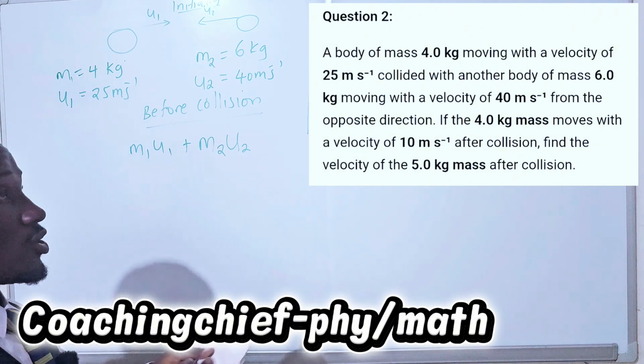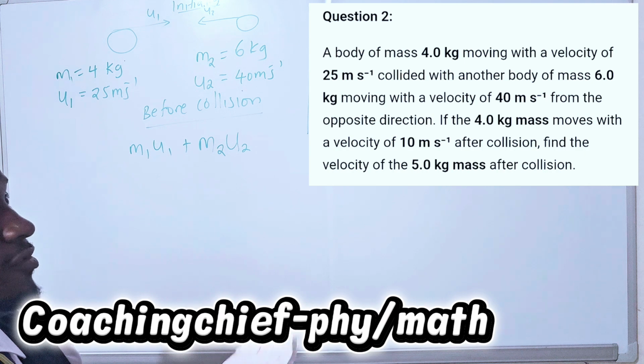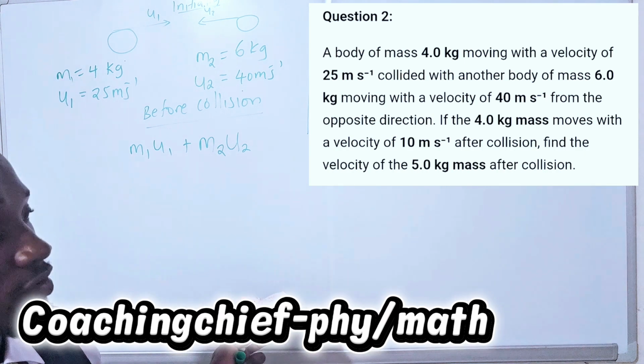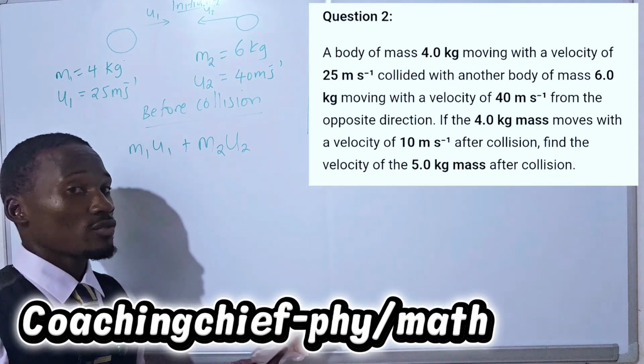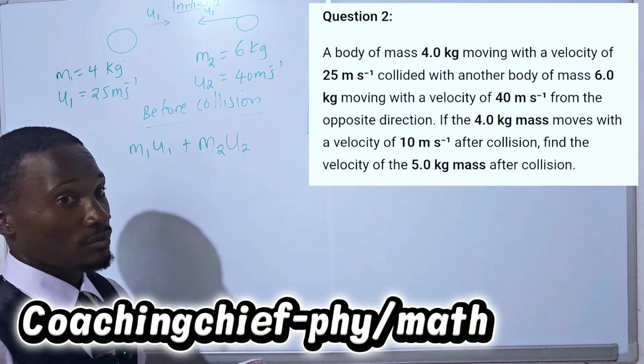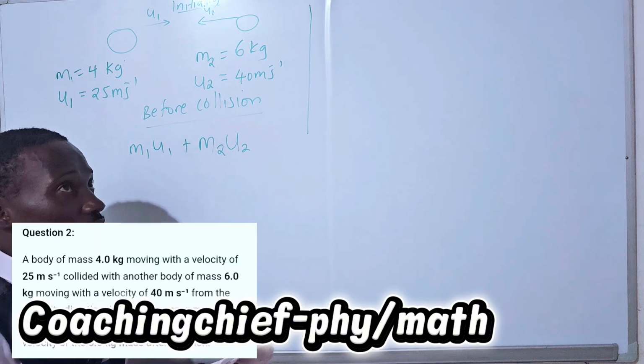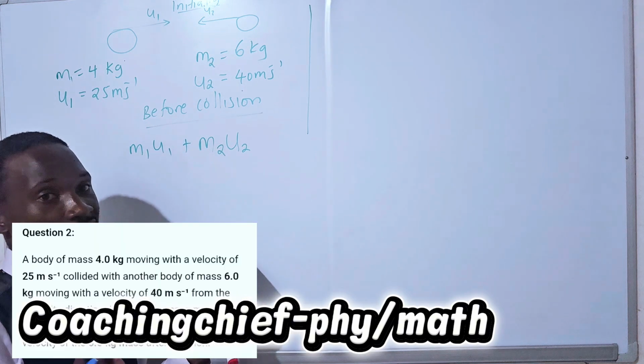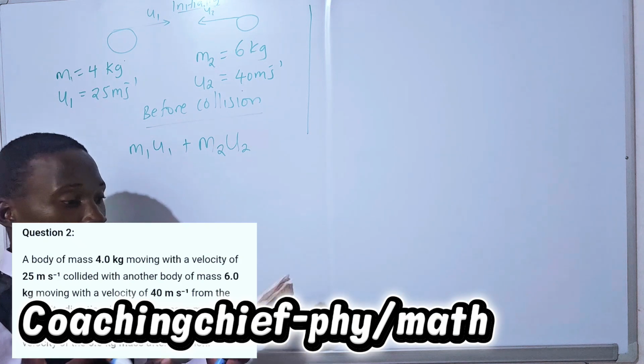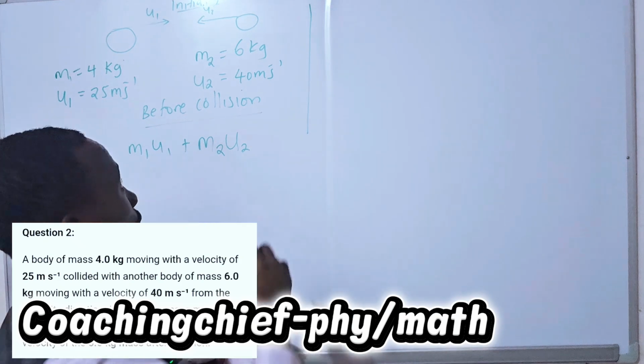So it means if they don't say that they are going to move separately in opposite direction after collision, you assume that they are going to move in the same direction. If the question doesn't specify whether they will move in opposite directions after collision, you assume they move in the same direction.